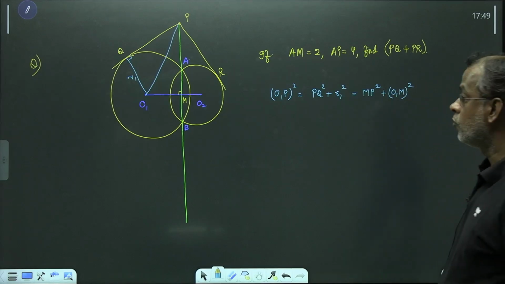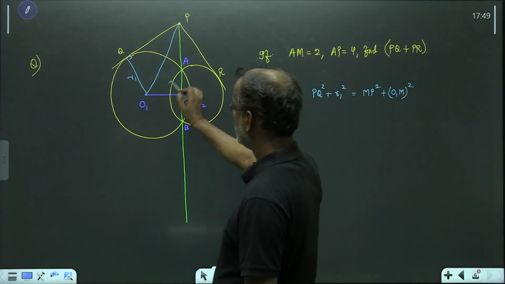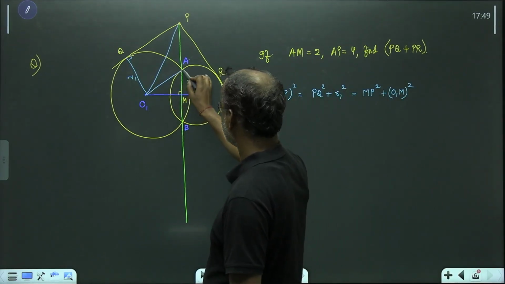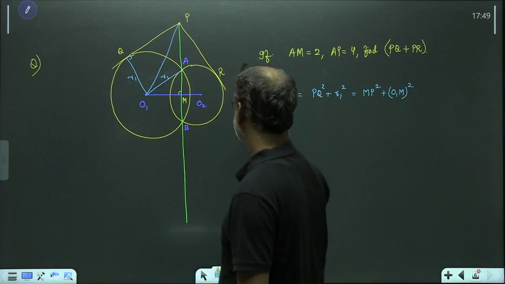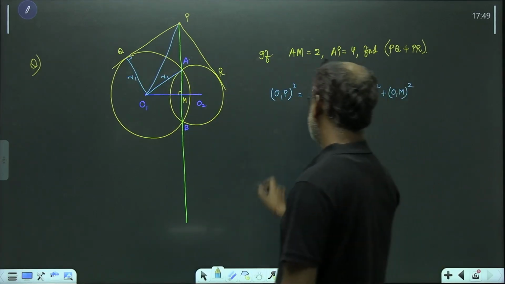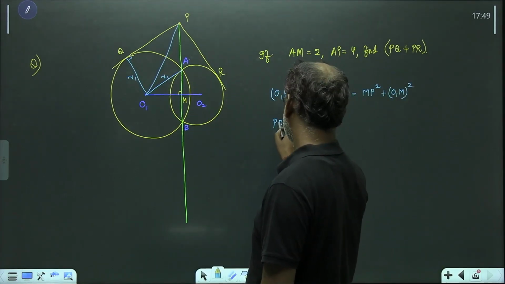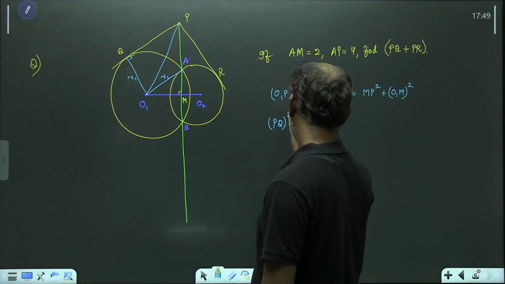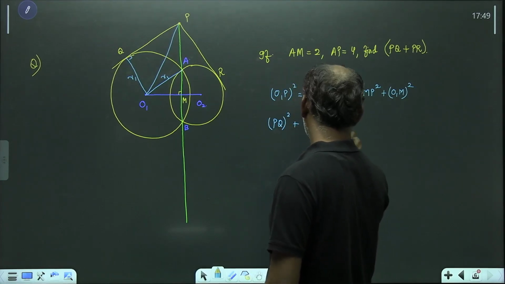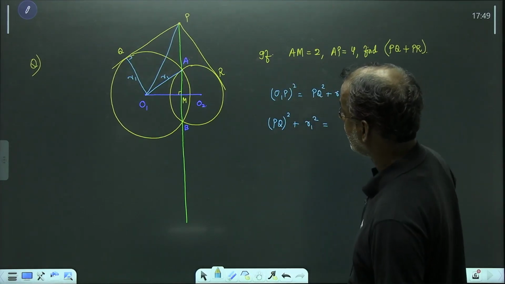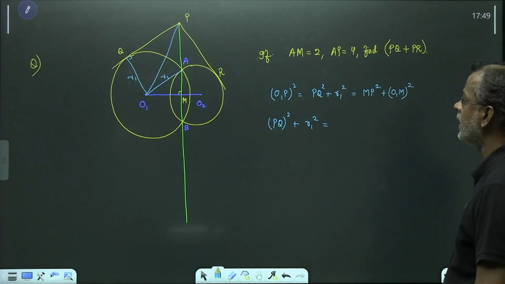What is O1M whole square? This is also R1 square minus AM square. So, PQ square plus R1 square is MP square.